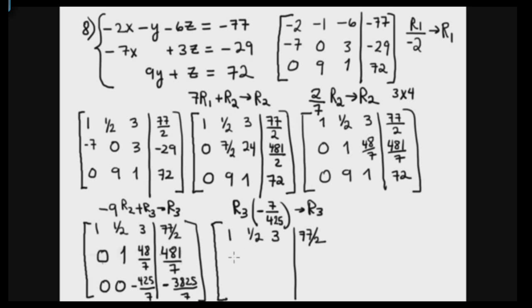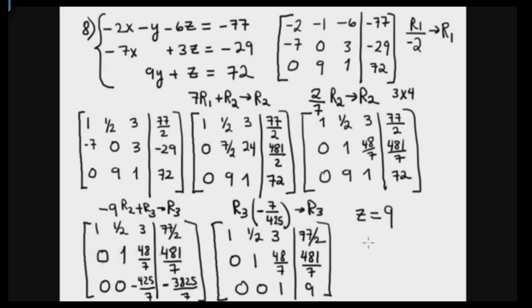Row 1 stays the same. This stays the same also. The only thing that changed is row 3. 0, 0, it's a 1, as you suppose. Okay, 9. Wow, amazing. It's so beautiful. You see, it equals 9. I get the first solution.